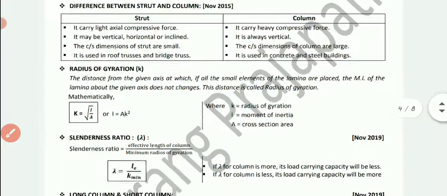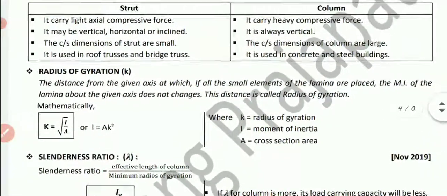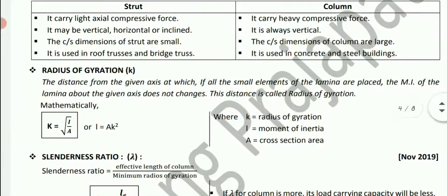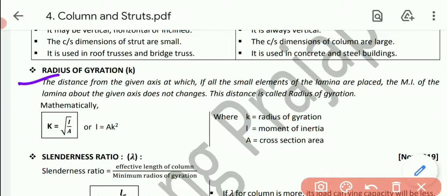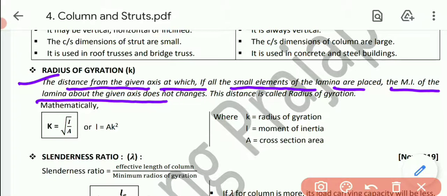Then let's try to understand some of the definitions which will be used during the examples. First of all, radius of gyration. We have already studied this one in the subject mechanics of solid in the chapter moment of inertia. Radius of gyration: the distance from the given axis at which, if all the small elements of the lamina are placed, the moment of inertia of the lamina about the given axis doesn't change.